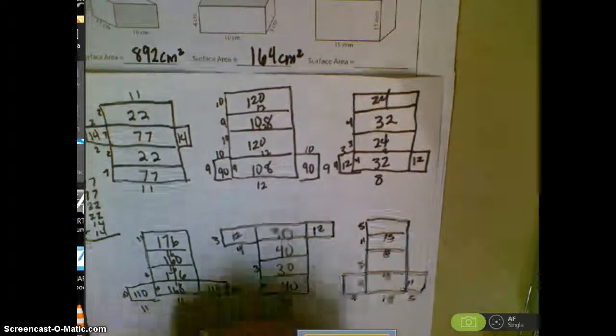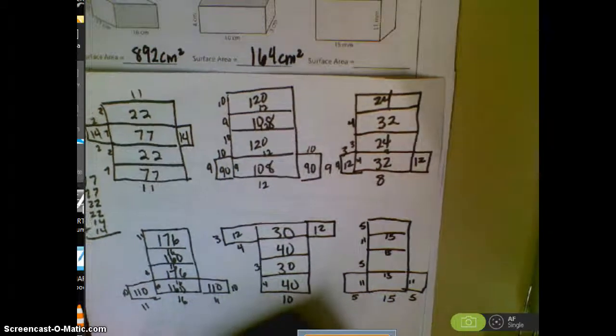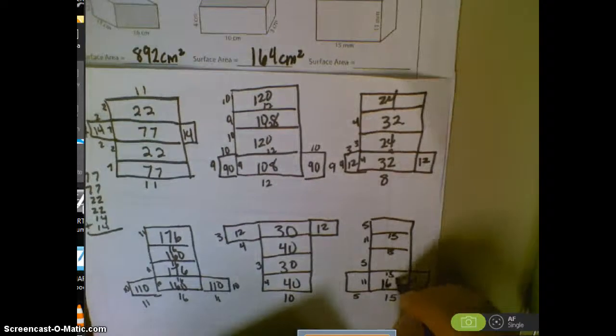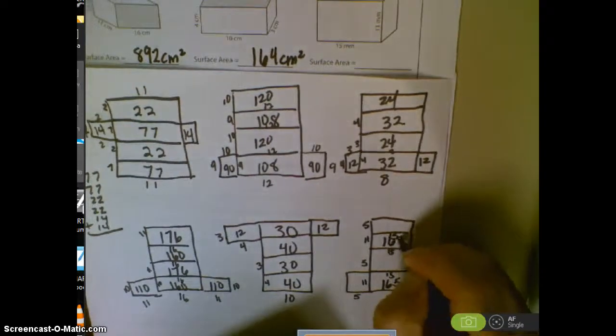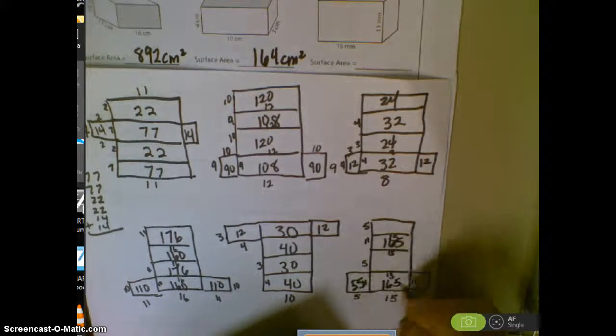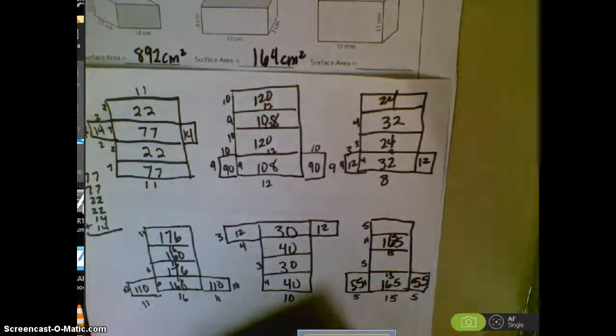Alright, let's try 15 times 11, 165. This one's 165. This one's 55. I know mine, 11 times 5. I bet you do too. And then 15 times 5 is 75.